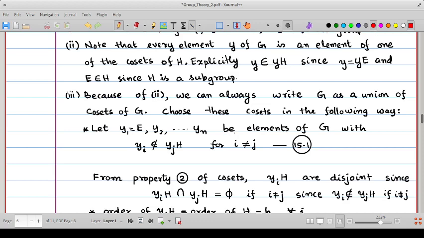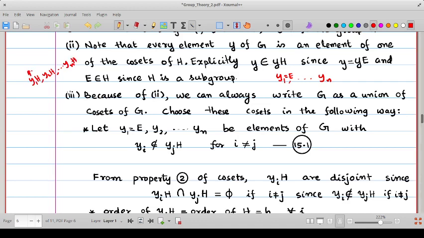And therefore, we can choose a set of elements which we call y1, y2, etc., up to yn, and y1 can be taken as the identity element itself. Now, we construct the cosets y1H, y2H, etc., up to say ynH.